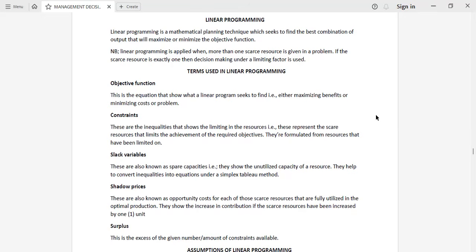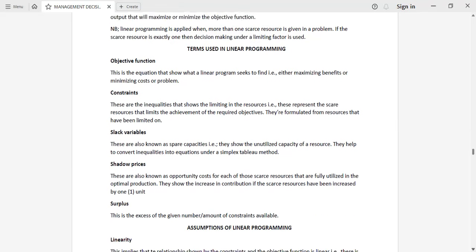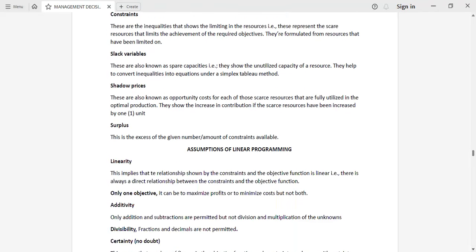It's like we are doing a sensitivity analysis to find out, if we increase those machine hours by 1 unit, what will happen to the production, or to the contribution, depending on whatever we want to achieve. So that's the shadow price. It's either shadow price or opportunity cost.